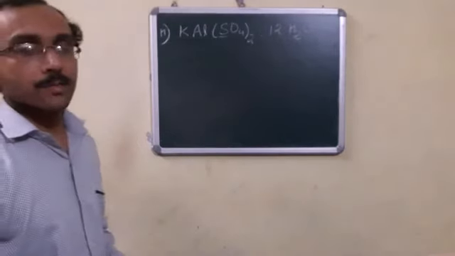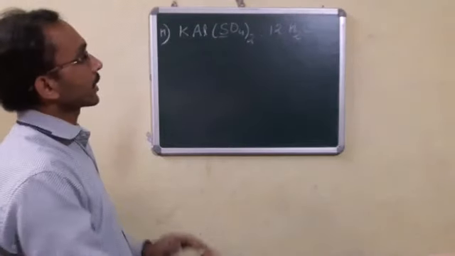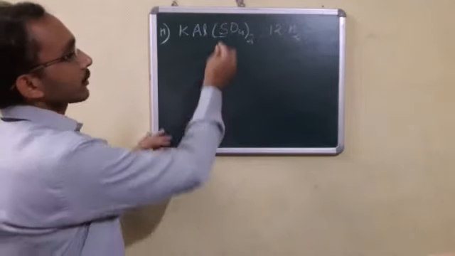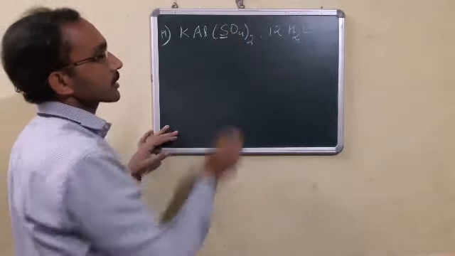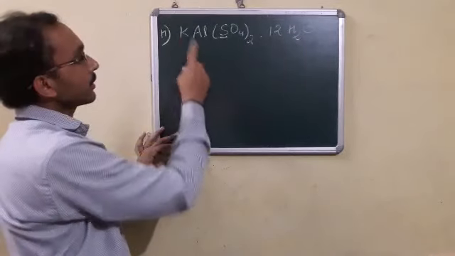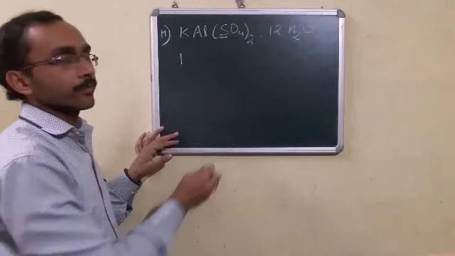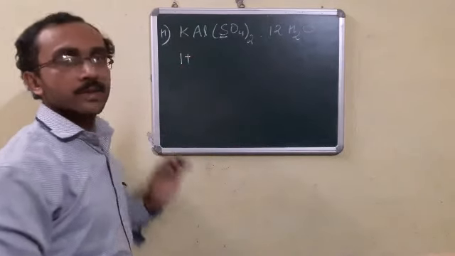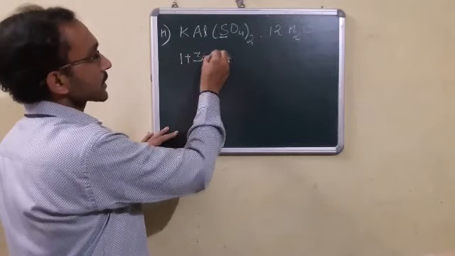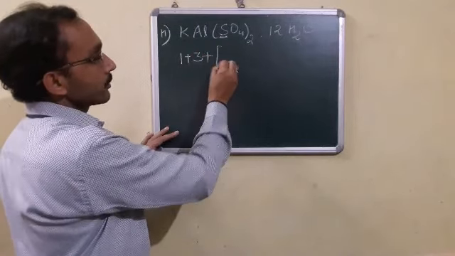Now see the last part of question number 1. It is the formula of potash alum. Now we have to find the oxidation number of sulfur here. Potassium is in the first group, its oxidation number will be 1, plus aluminium is in the 13th group, its oxidation number will be +3, plus sulfur we have to find, we will use a bracket.